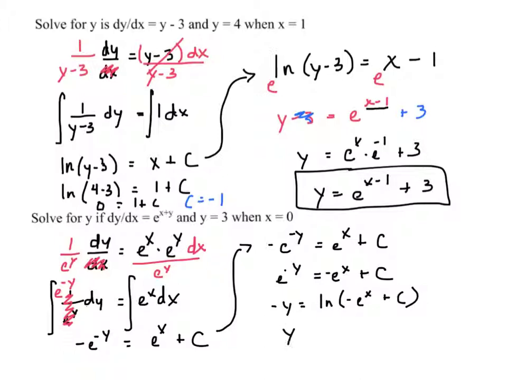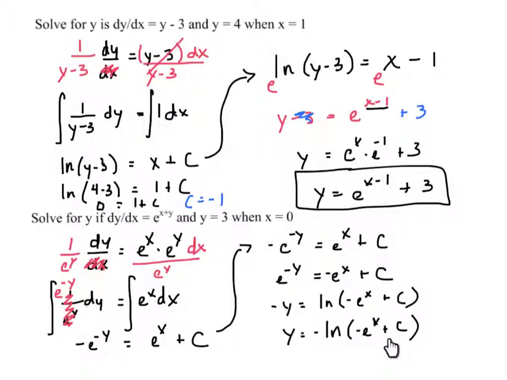And then, of course, we change the sign again. So y equals negative the natural log of e to the x plus constant, like that. And now you could solve for y. I'm kind of running out of room. You could solve for the constant here by plugging 3 in. You know, 3 equals the negative natural log of e to the 0, so 1, plus c. You could solve that and get the constant.